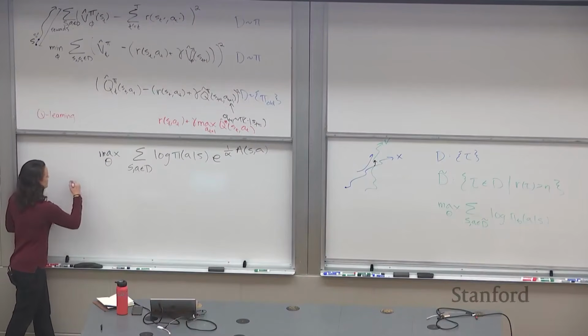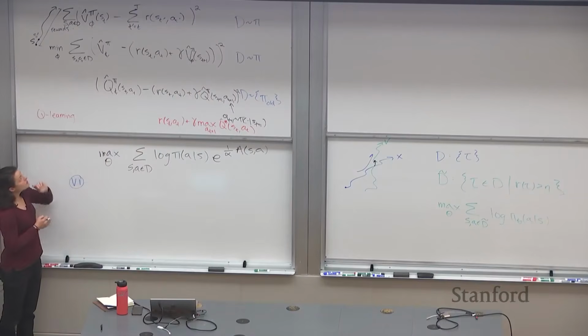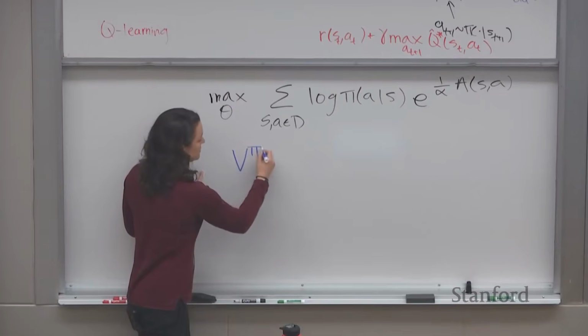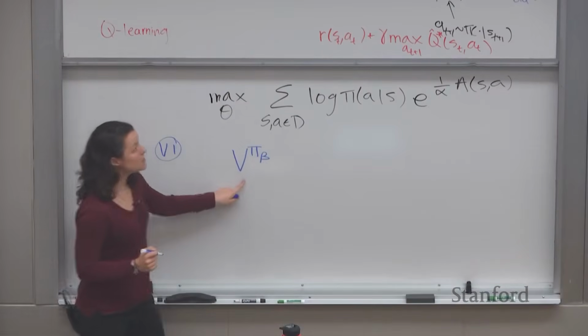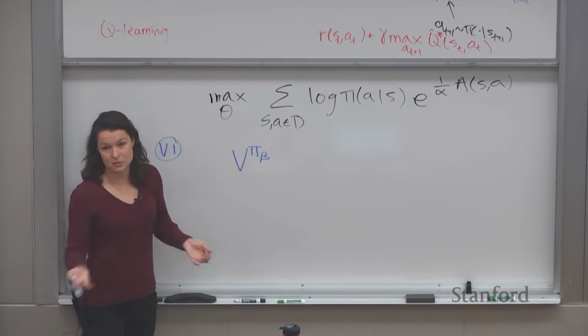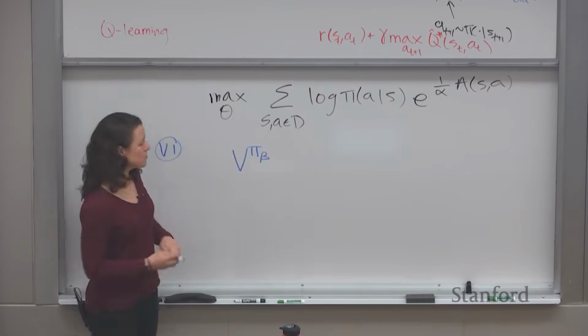In version 1, we're going to use the simplest thing that we had before, which is Monte Carlo returns. So we can first fit a value function. And because we're fitting the value function for the behavior policy, the data is coming from the policy that we're trying to evaluate a value function for.